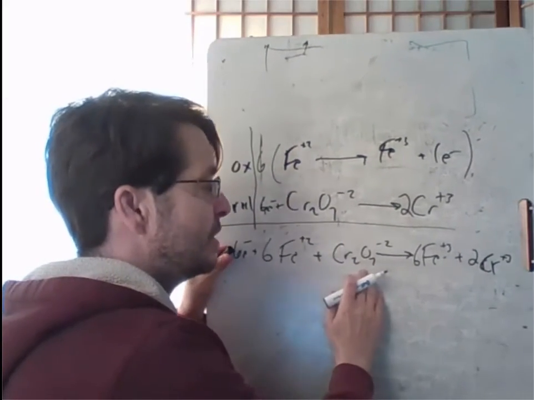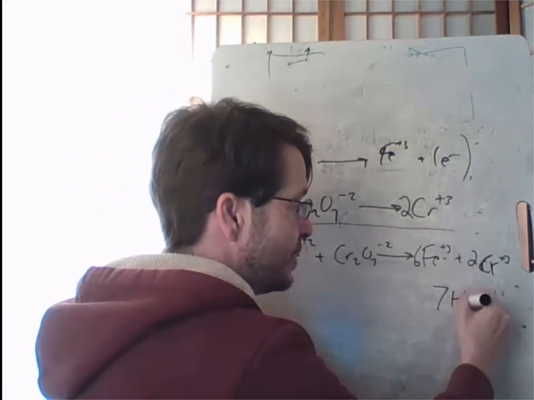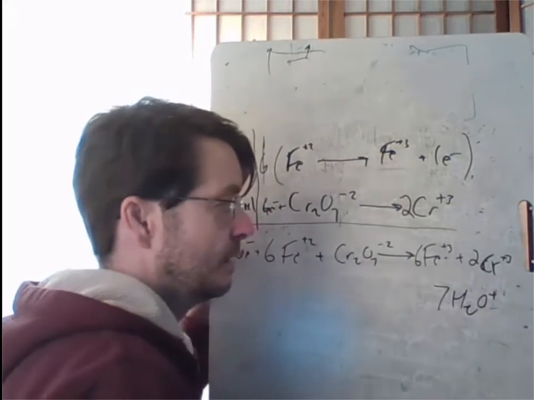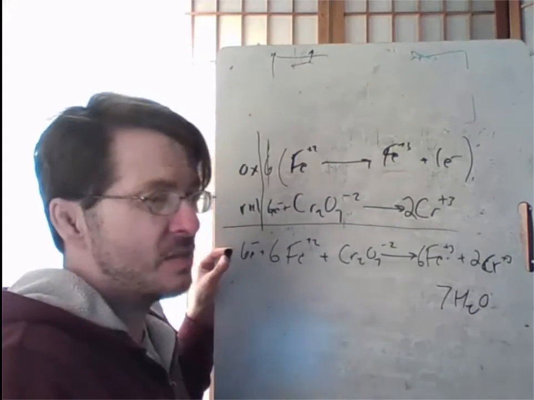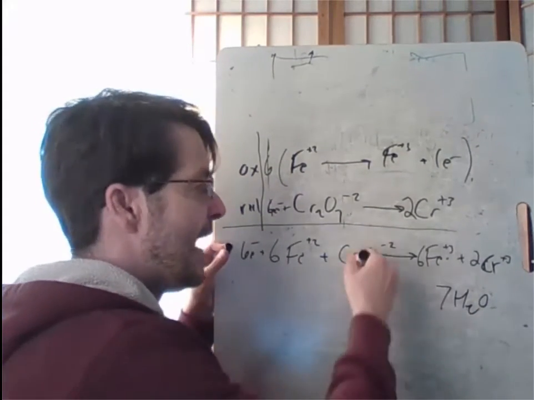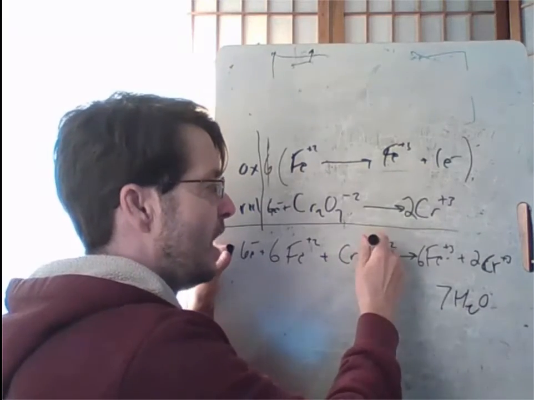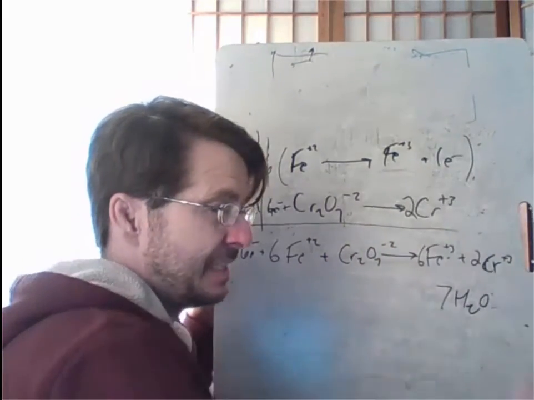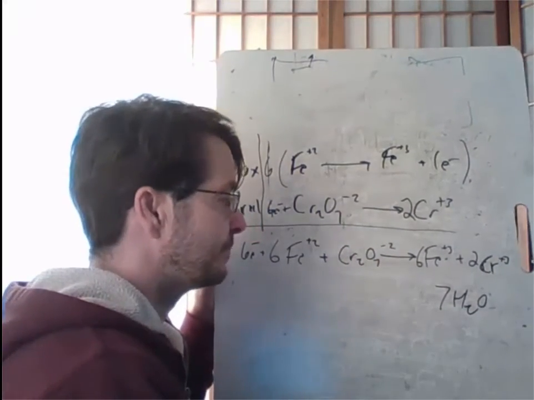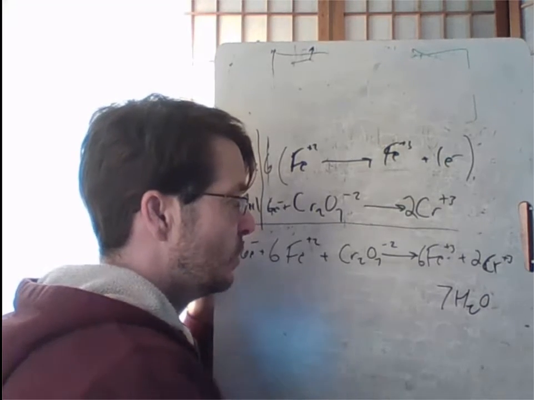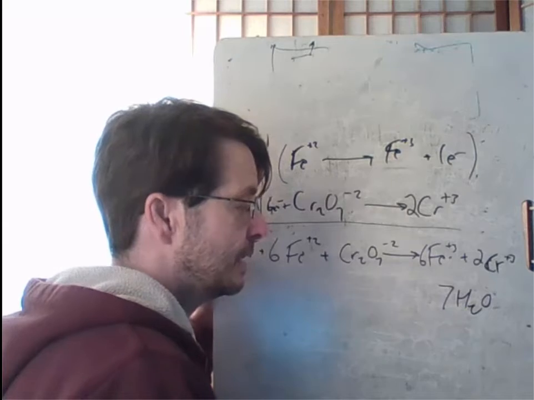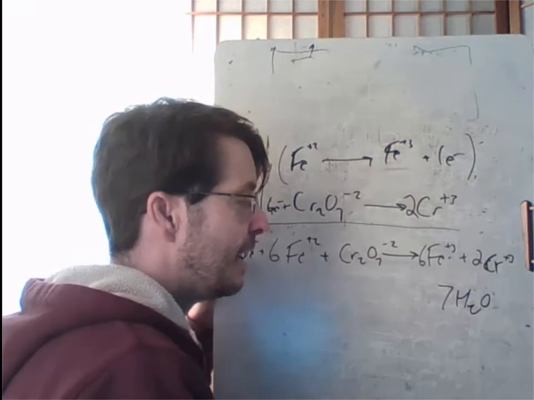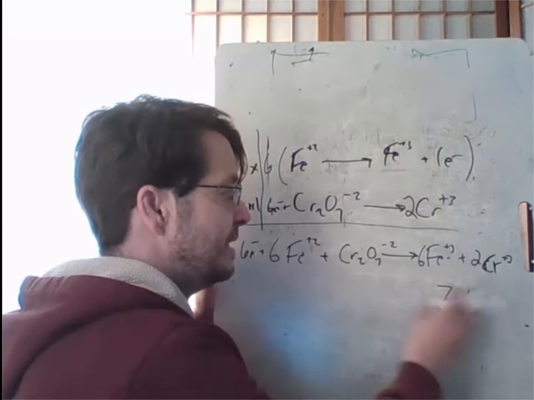We have 7 oxygens here, we're going to add 7 H2O. All right. Remember, this is in water. These are in water, and the acid is going to actually cause the oxygens to be bound up and spit them off as water molecules. So we've added 7 waters to this side. And now we've balanced our oxygen, 7 and 7.